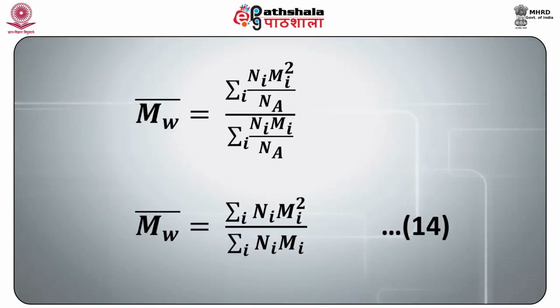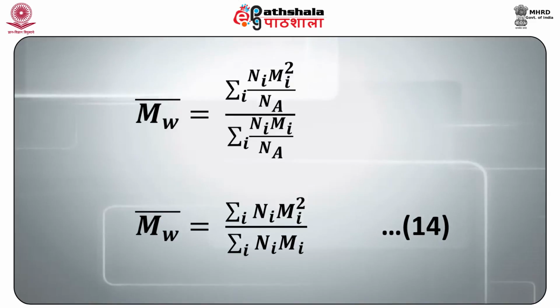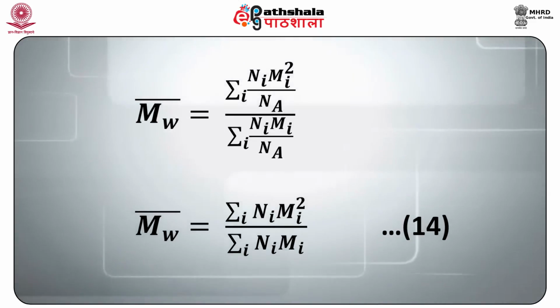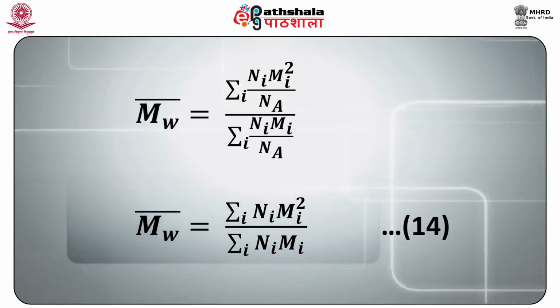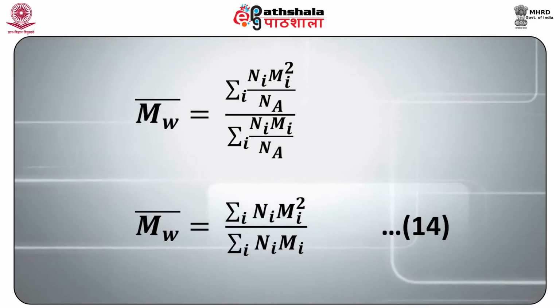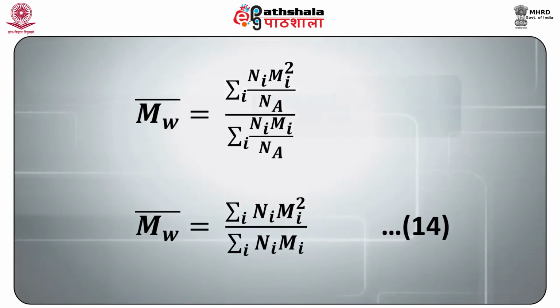In terms of number of molecules, weight average molar mass can be written as Mw bar equal to summation Ni Mi square by Na divided by summation Ni Mi by Na, or Mw bar can be written as summation Ni Mi square divided by summation Ni Mi as our equation 14.